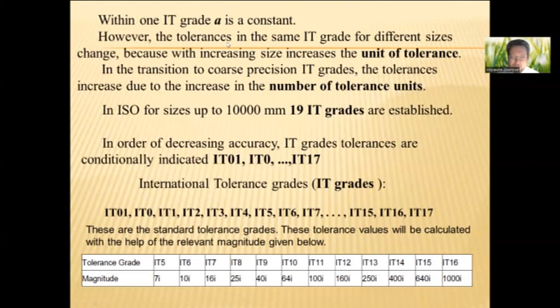In ISO for sizes up to 10,000 millimeters, 19 IT grades are established. In order of decreasing accuracy, IT grade tolerances are conditionally indicated IT01, IT0, etc., and IT17.